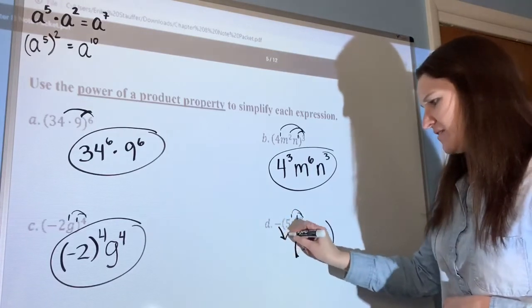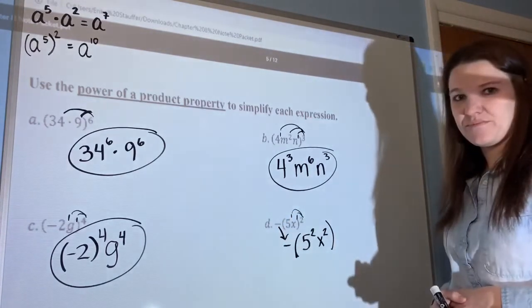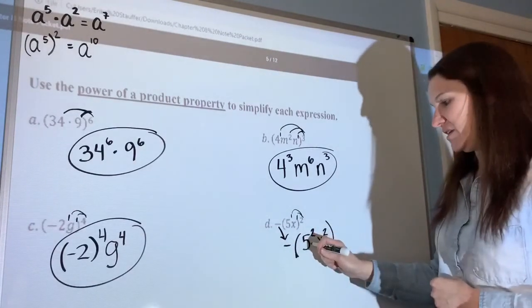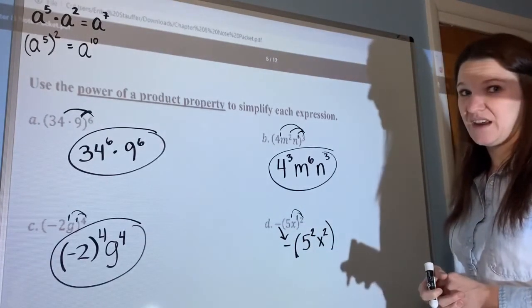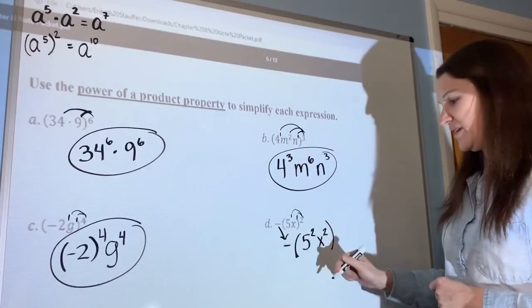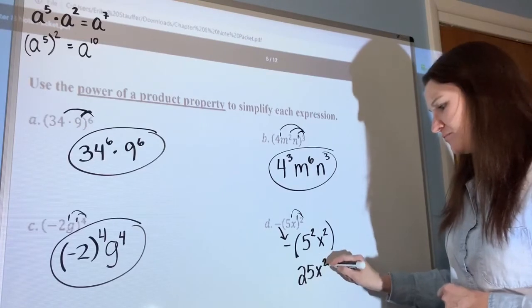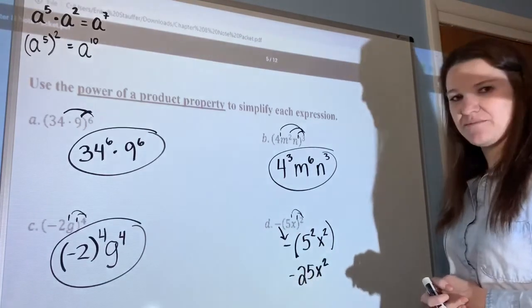Now I'm going to bring down that negative symbol. The reason I'm putting it on the outside is because I need to square that 5 before I bring down the negative. So 5 squared is going to give me 25. And then I still have x squared, but now I can bring down that negative.